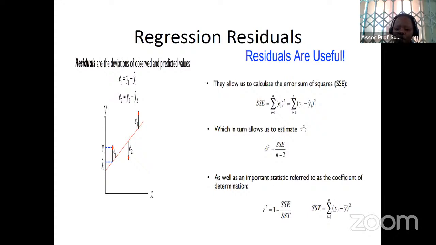Now we can also compute the coefficient of determination, okay, using our error sums of squares over the total variation. So 1 minus the ratio of error sums of squares over the total sums of squares gives us our R squared, which is the coefficient of determination.